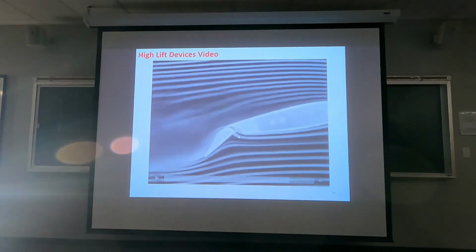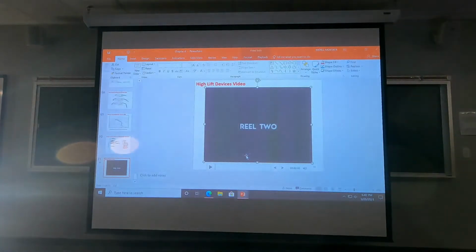Do you see the flow pattern here? There is some flow coming in from down the bottom plate to the top, and we have flow separation here, but we have another streamline that is connected to the airfoil at the trailing edge. So we are essentially reducing the effects of flow separation. Let's just stop the video here, and it is already 6:42, 6:45 on that clock.